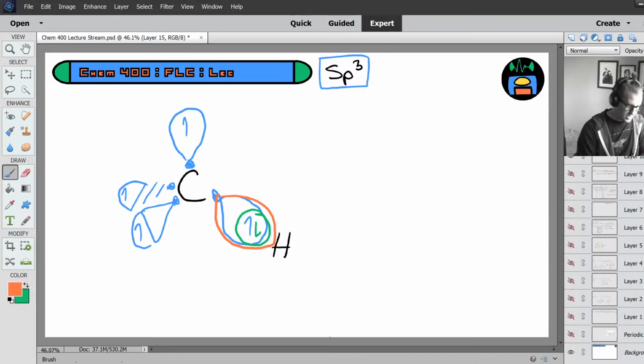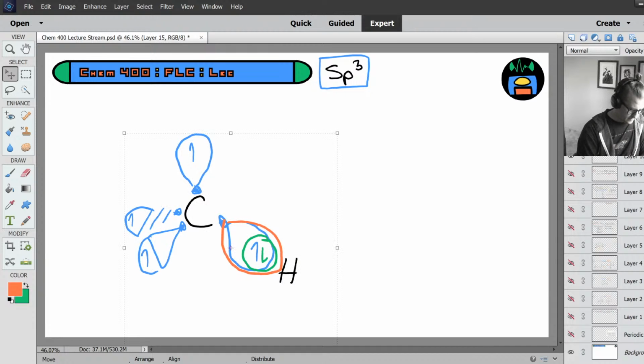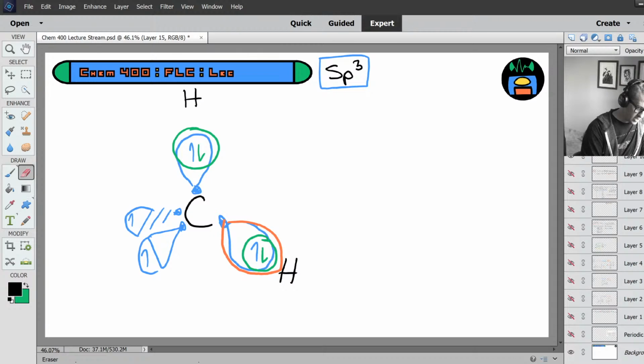Now this happens 3 more times, because for each sp3 hybrid orbital, a hydrogen comes in to form a sigma bond, or a single bond.